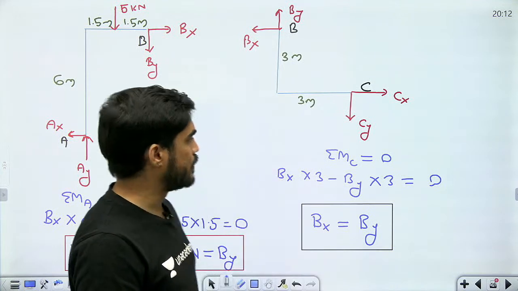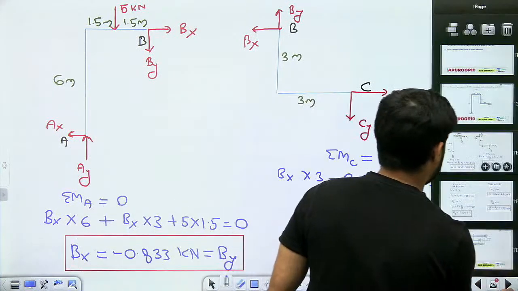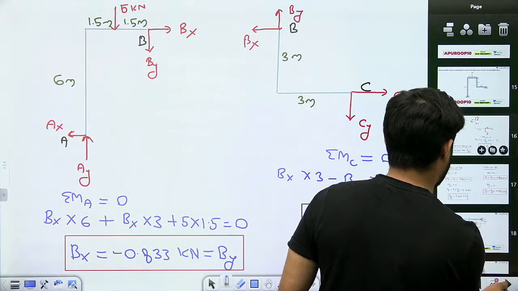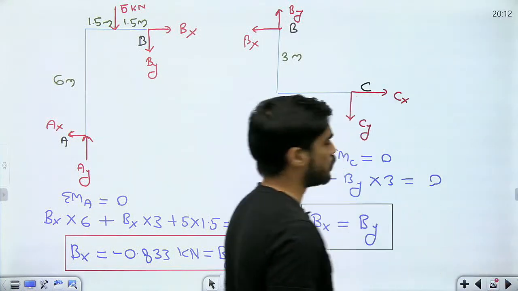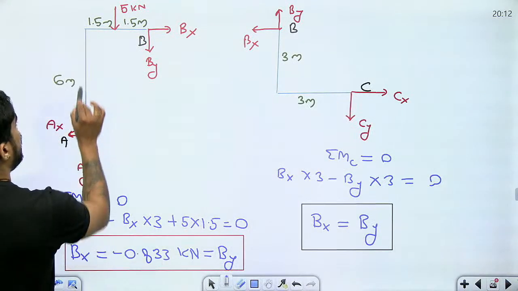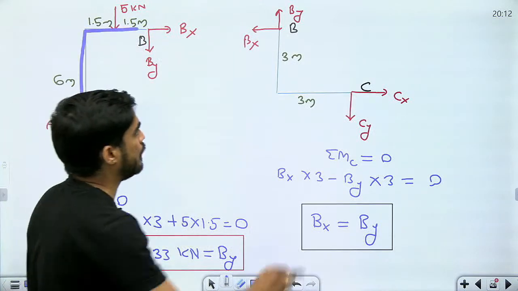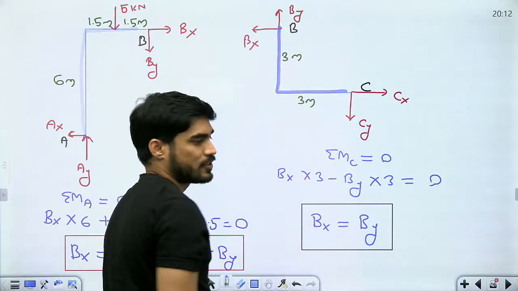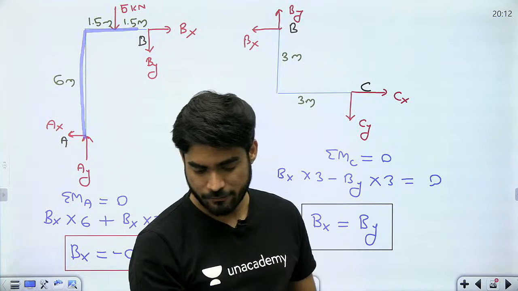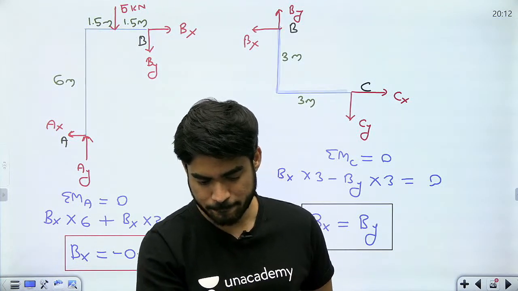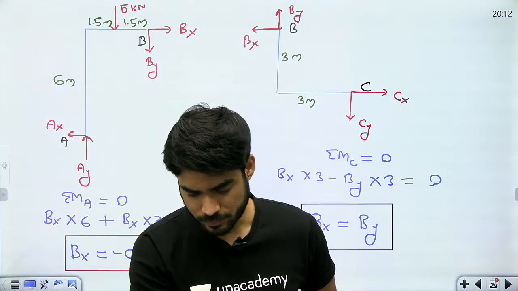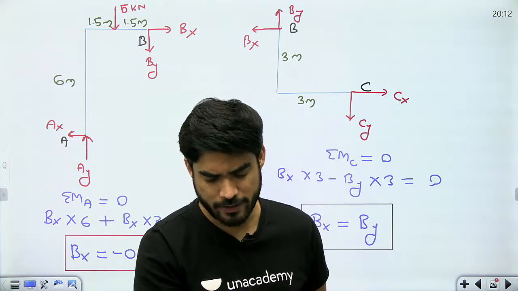The members are subjected to multiple forces, not only one or two forces, right? Here AB is also subjected to multiple force, BC is also subjected to multiple force. Is it clear? Chalo, very good.